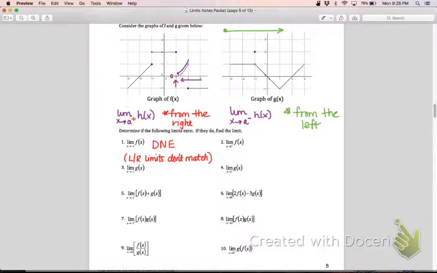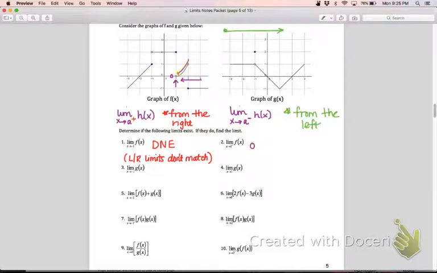Now don't get thrown off by the fact that the function value is defined up there at the top. That doesn't matter. All that matters is that from the right-hand side, we are approaching 0. From the left-hand side, we would be approaching 2, but only from the right-hand side are we worried about right now. And so from the right-hand side, we are approaching 0.